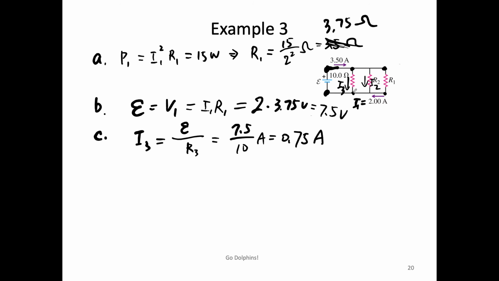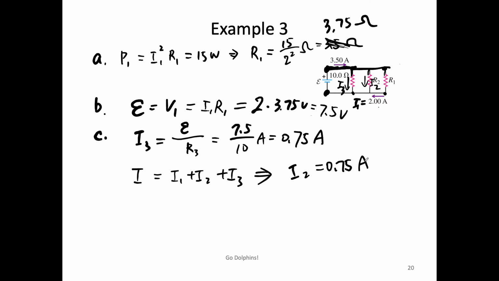I1 is 2, I3 is 0.75, and the total current is 3.5. This total current is split into I3, I2, and I1. So I should equal I1 plus I2 plus I3. Given I1 is 2, I3 is 0.75, I can find out I2 is 0.75 as well.